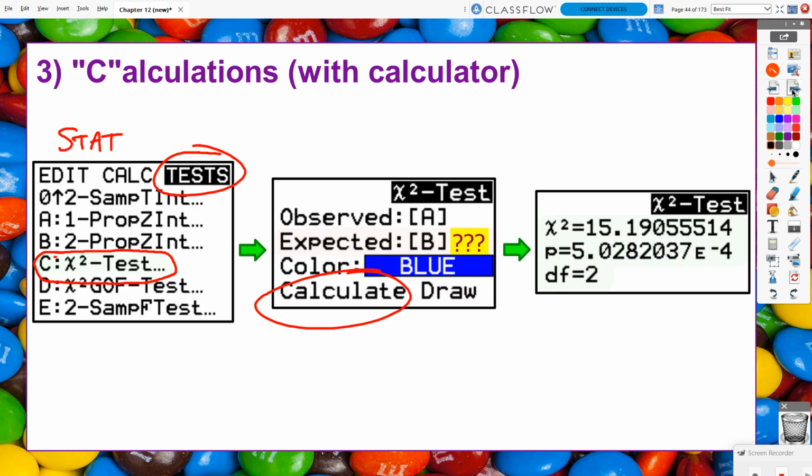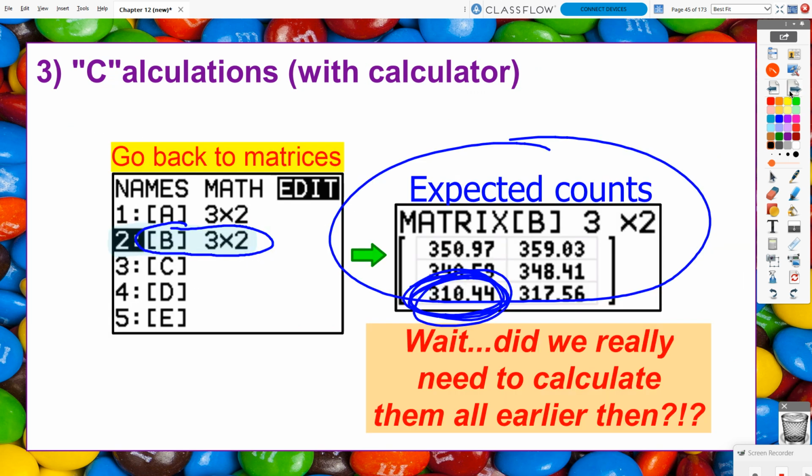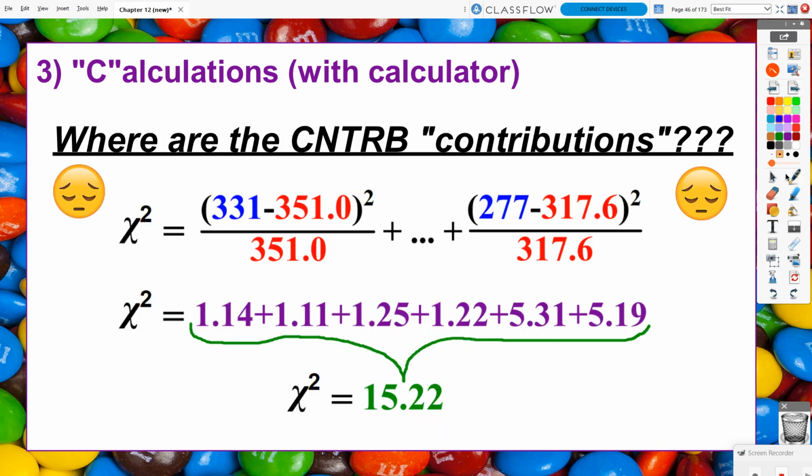All right, so let's get back to here. Another big difference between a goodness of fit test and a test of homogeneity is that in our goodness of fit test, we have that little list at the bottom, the CNTRB for those contributions, and it told us all the different possibilities that added up to our total chi-square test statistic.